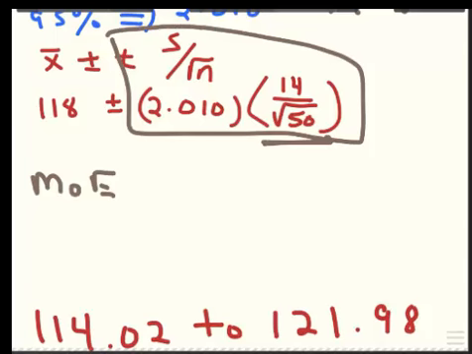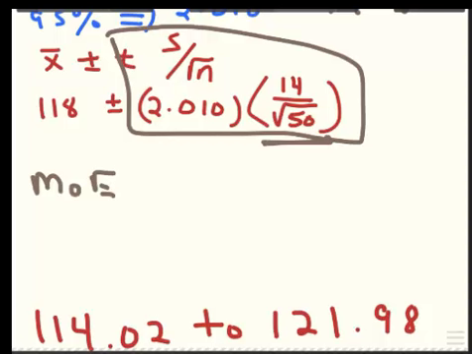This is the sample statistic x bar plus or minus a random error, a margin of error. And so it's just going to equal t times s divided by the square root of n, which is 2.010 times 14 divided by the square root of 50. So we had standard error was just S over square root of n, and the margin of error, go ahead and multiply that by the appropriate t-value.